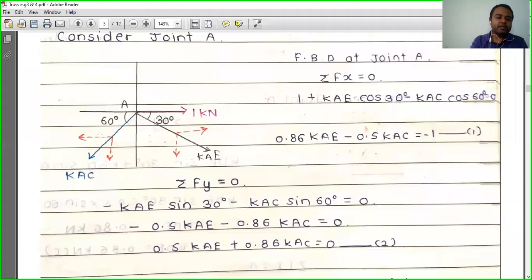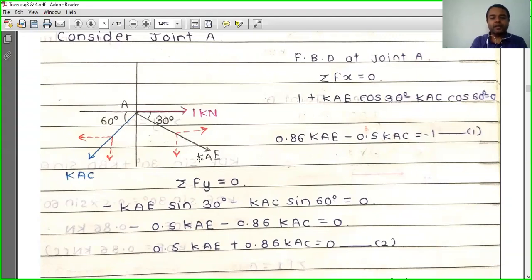Now resolve this. Of course, these are inclined forces, so resolve this force in horizontal and vertical directions. Of course, we don't know the force in the member before analysis, so just assume the force.